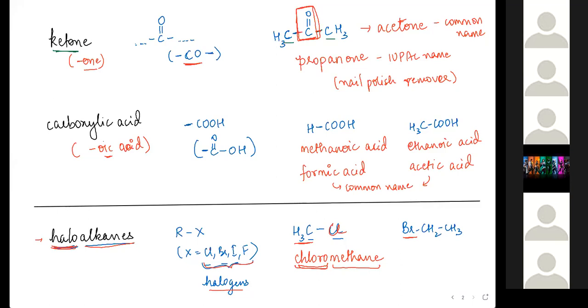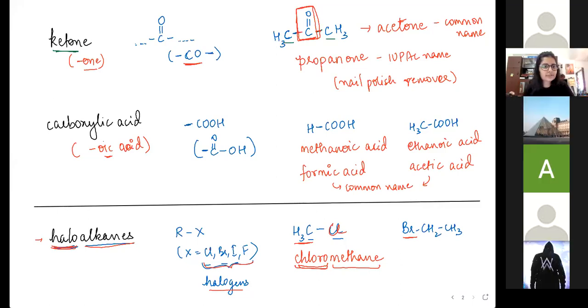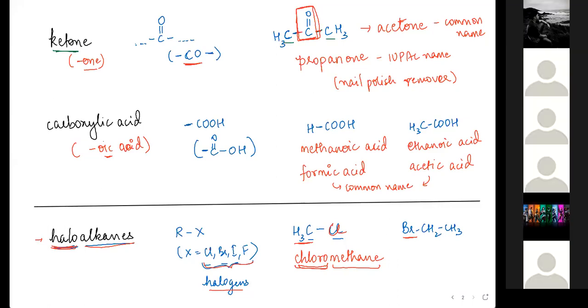Anirban, Ritvik, Divya. Vasudha, isn't it? So it is Br, which means Divya didn't get it.